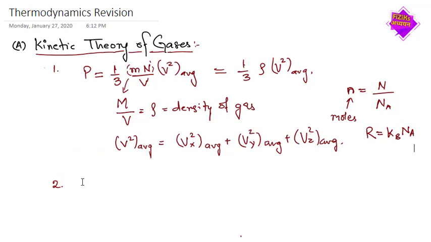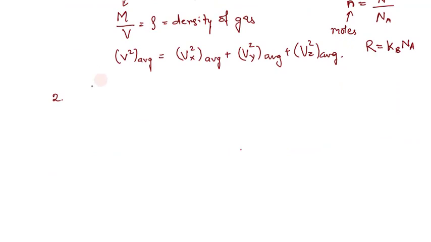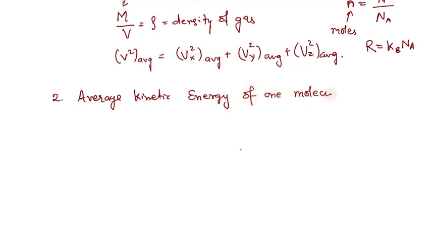So the next quantity we talk about is the average translational kinetic energy per molecule. For one molecule, the translational kinetic energy is nothing but 3 by 2 k_B T. This is temperature dependent: the Boltzmann constant multiplied by the temperature.